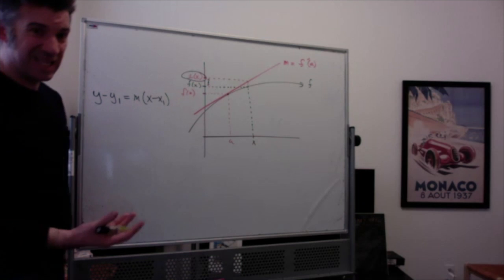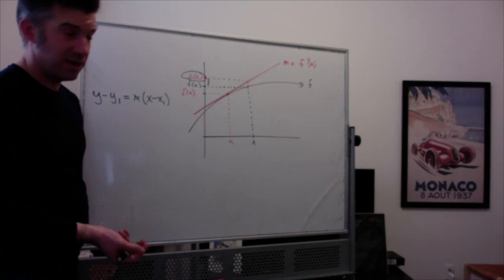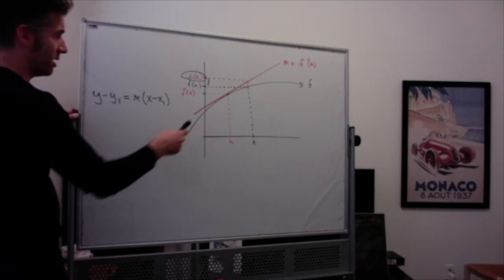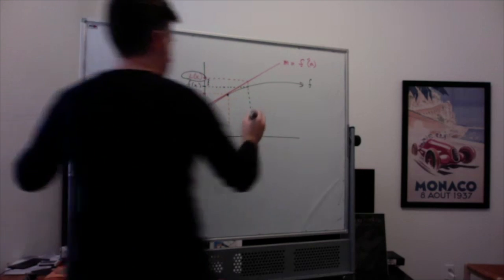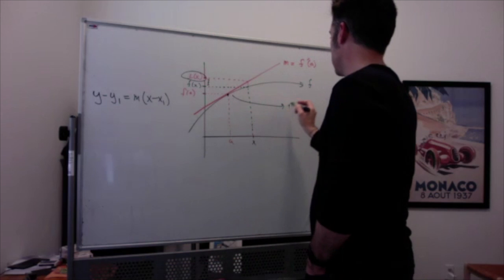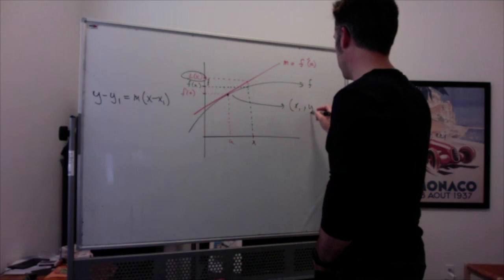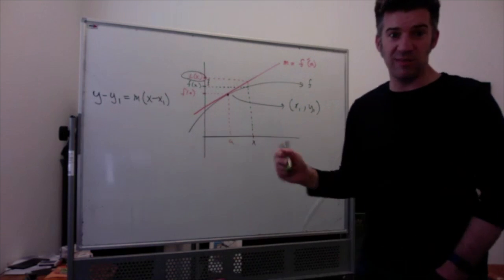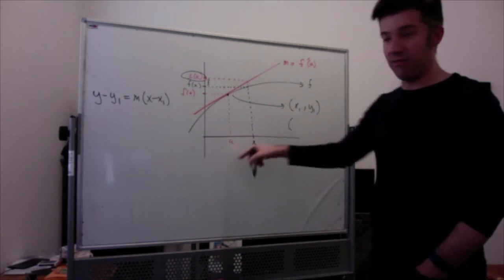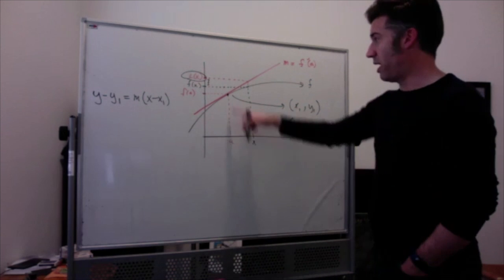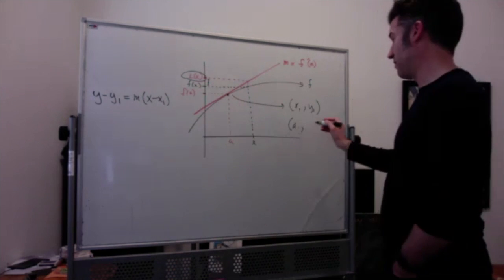But I'm going to change the names of things just a bit. Instead of calling the point, which is the point I'm finding the tangent line at, x1, y1, I'm going to change the name to a comma f of a. x1 is the a value. y1 is the function evaluated at that a value.